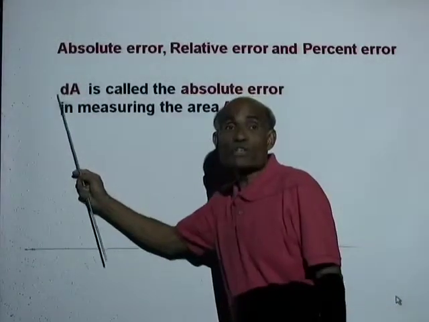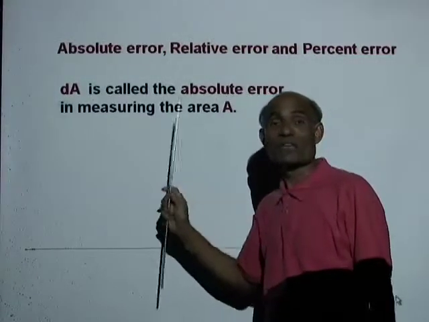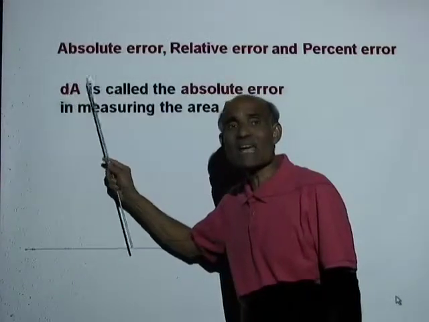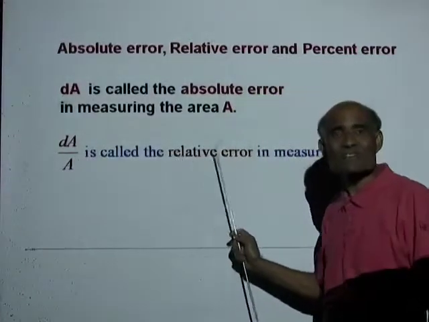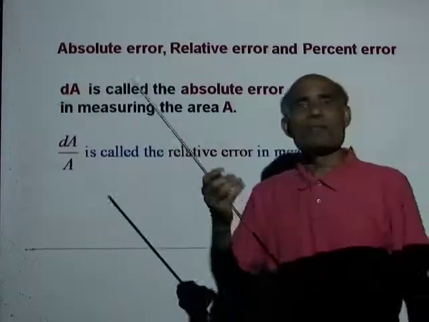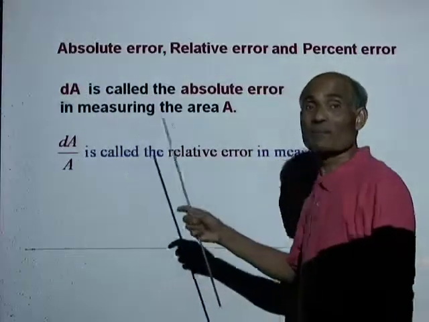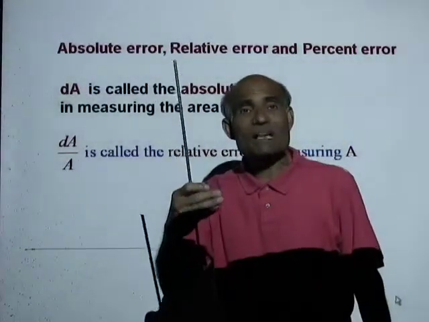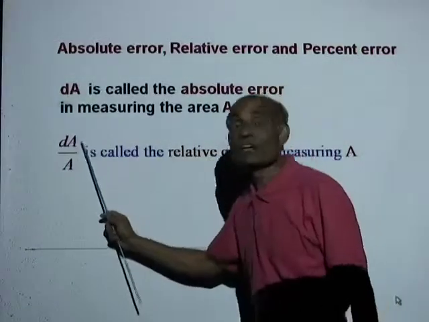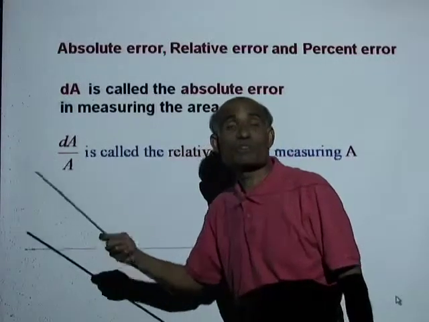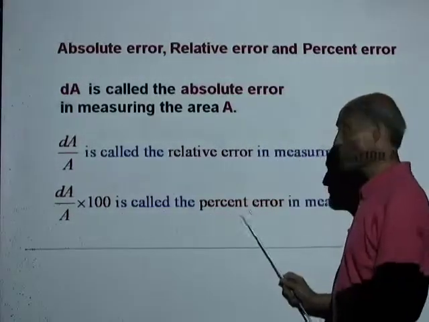Now, this error dA occurred in measuring the actual area A. Therefore, what will you call dA divided by A? dA divided by A is called the relative error in measuring A. dP divided by P is the relative error in measuring P. dT by T is the relative error in measuring T. And if you multiply this by 100, we get the percent error. dA by A times 100 is called the percent error.